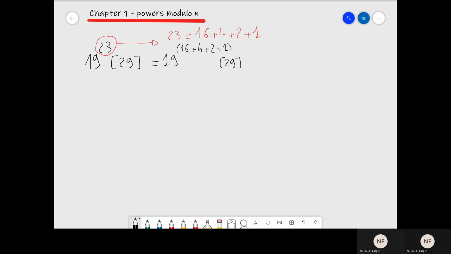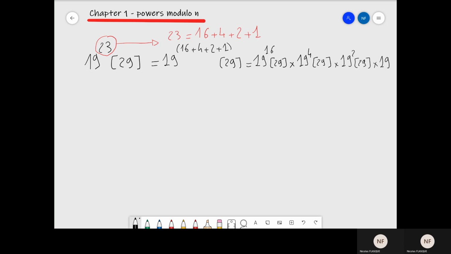And then we can apply a well-known rule that a number to a power of a sum of other numbers is equal to a product of powers. So we can write that this is equal to 19 to the power of 16 modulo 29 times 19 to the power of 4 modulo 29 times 19 squared modulo 29 times 19.